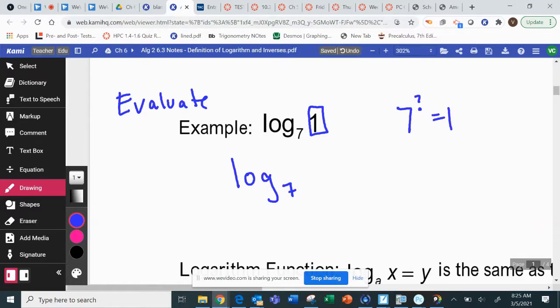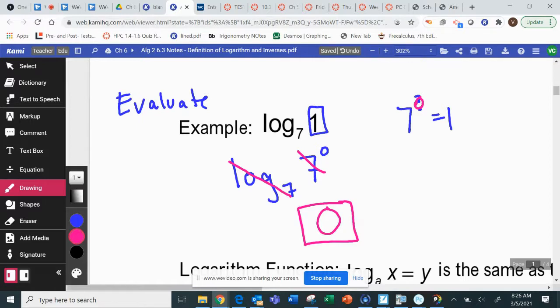Can you guys tell me 7 to what power equals 1? 0. You've been memorizing. Good job. Anything to the 0 power equals 1. So if I replace 1 with 7 to the 0, those are equal. So now I can cancel these out. My answer is 0.